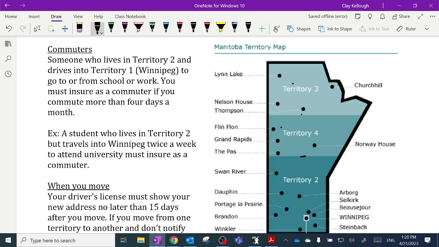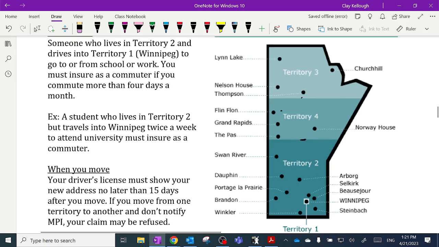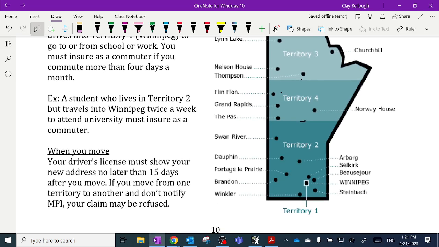It is a port. And of course, Nelson House and Lynn Lake, Leaf Rapids would be up here. They have some rough roads to get up to those places. And then Territory 4 is kind of the north, but not that far north, not as bad as getting to some of the places in Territory 3.